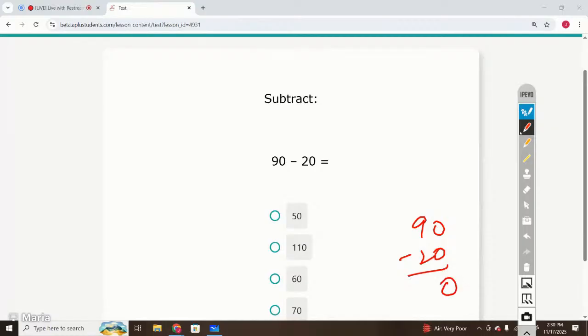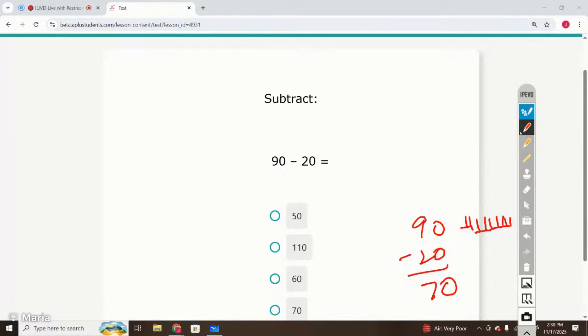We are subtracting, not adding. 9 minus 2: make 9 lines and subtract 2 of them. Now we need to count the rest of them: 1, 2, 3, 4, 5, 6, 7. So 70.